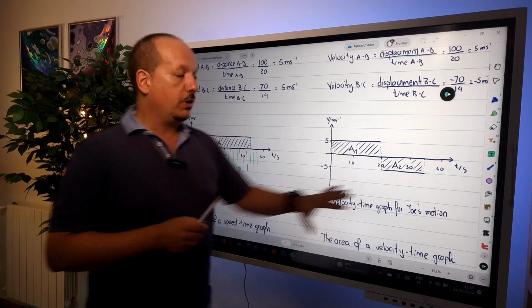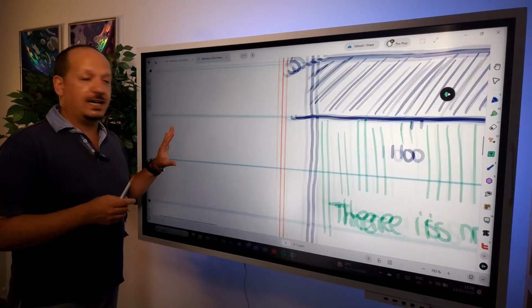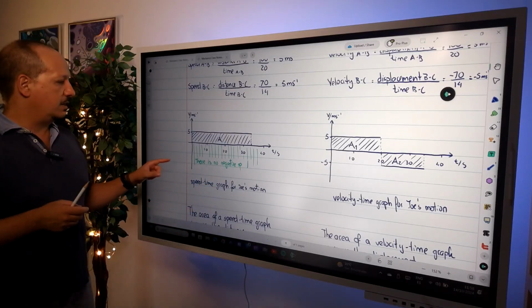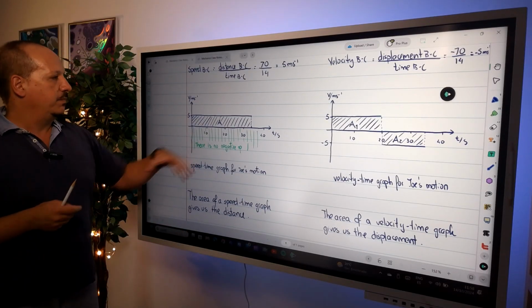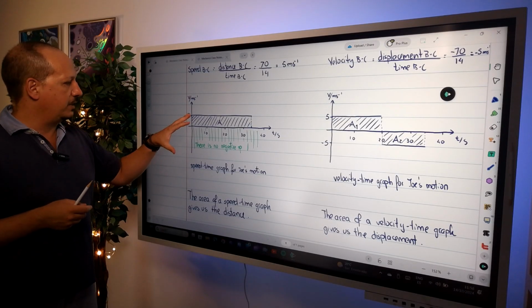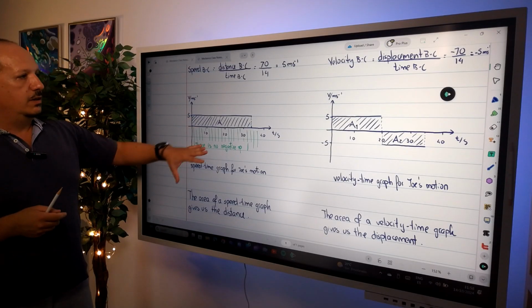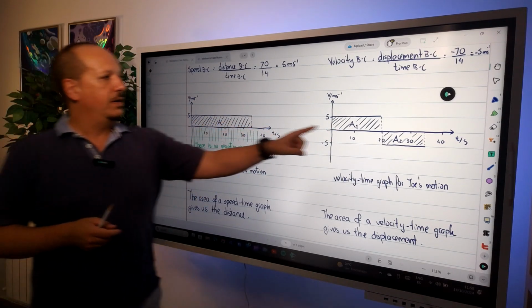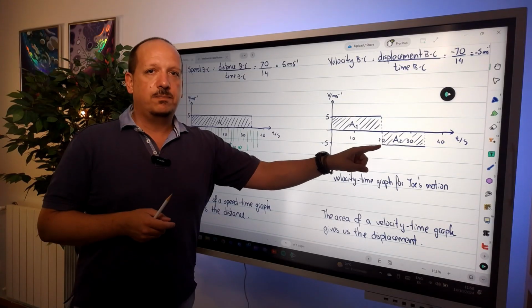This can never happen on a speed-time graph because it's a scalar, and you cannot get negative values on a scalar. You will always have positive values over here. So, see the contrast between the speed-time graph and the velocity-time graph?